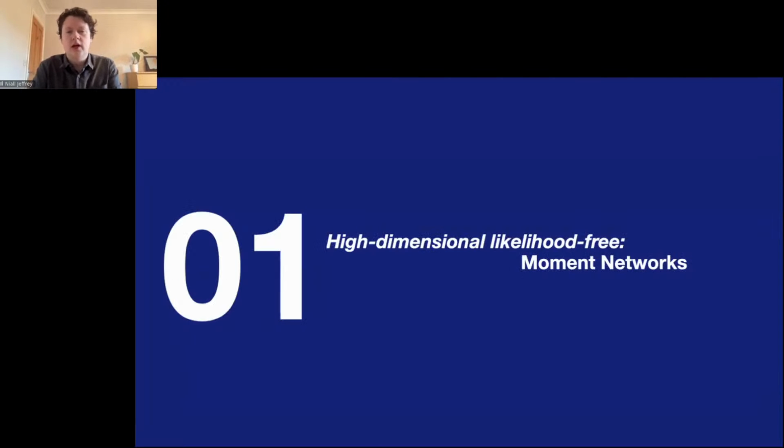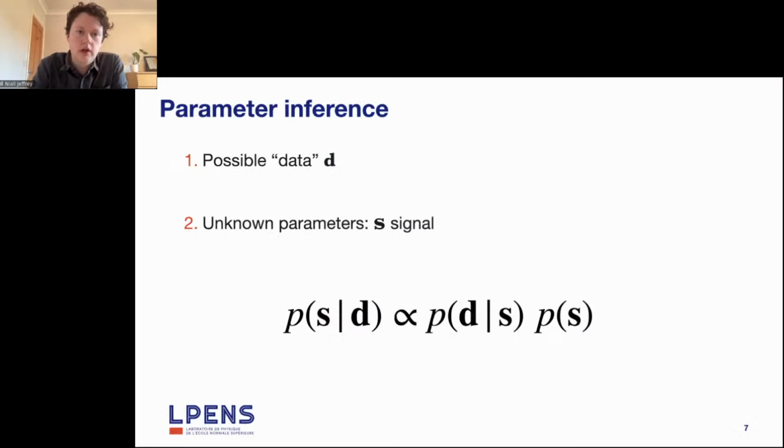So first of all, high dimensional likelihood-free inference, and in particular, a new method called moment networks that Ben Van Delt and I developed. So in typical parameter inference, we have our possible data D. In the case I've just spoken about, our data is a B-mode map, or in general an E B-mode map or QU map for polarization.